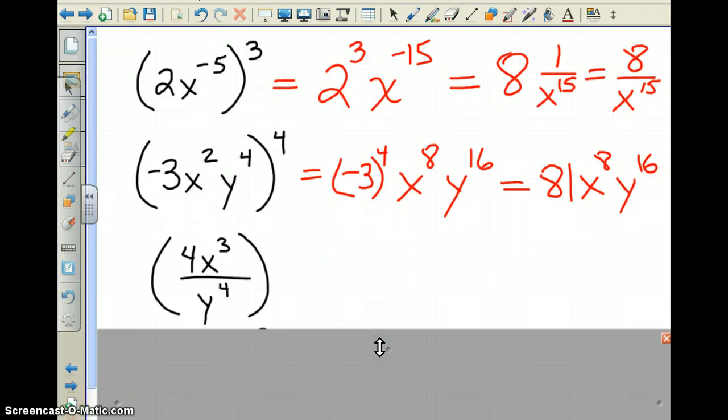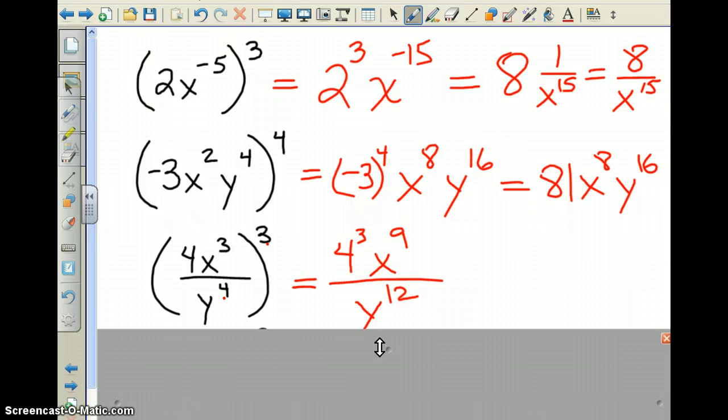Next, we'll do one with some division in the parentheses. This parenthesis should all be raised here to the third power. So everything in the parenthesis is going to be raised to the third power. So I'll write it like this. I'm going to have a 4 to the third, and then an x to the ninth from 3 times 3, over my denominator, which will be y to the fourth to the third, which will make y to the 12th.